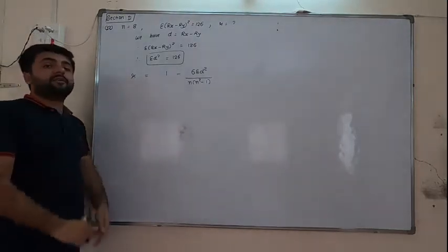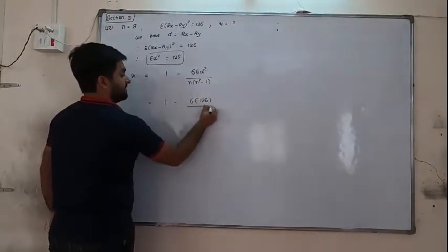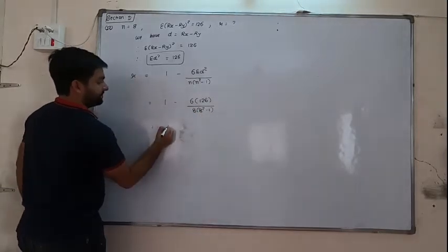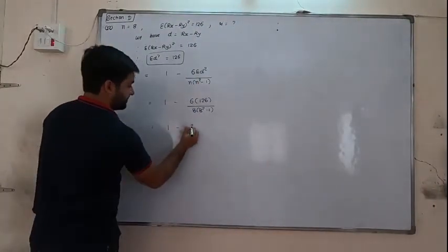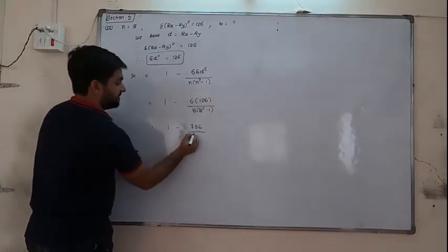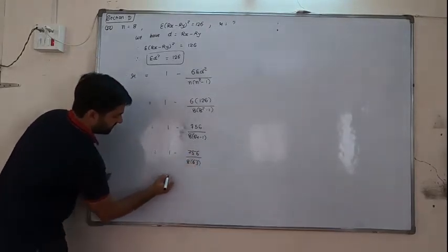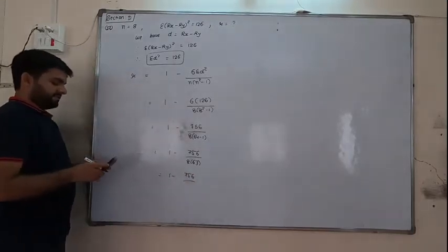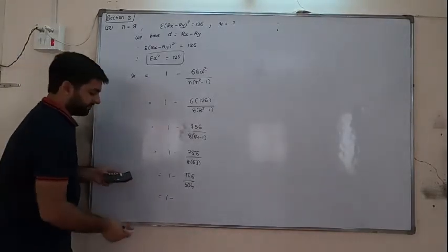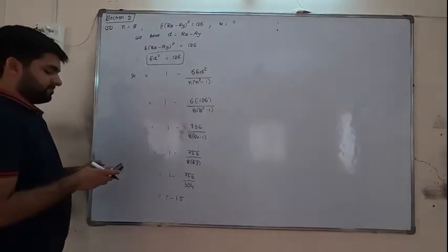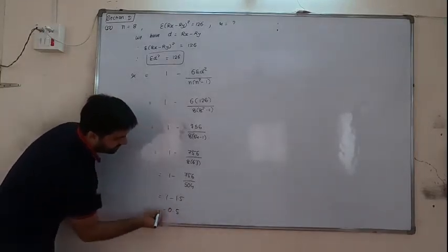So you have to be aware of the formulas, which formula is to be used according to the information. 6 into 126 upon 8 in bracket 8 square minus 1. 1 minus 6 into 126 is 756 upon 8 in bracket 64 minus 1. 1 minus 756 upon 8 in bracket 63. 1 minus 756 upon 63 into 8, 504. 1 minus 756 divided by 504, that is 1.5. So the answer is minus 0.5.